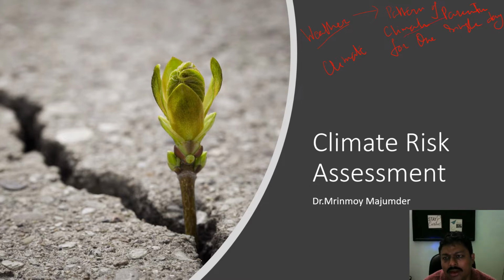By climatic parameter, I mean rainfall or precipitation, because in foreign countries we must include the snowfall also. It is extremely important in case of foreign countries, not in India. So rainfall is one parameter.